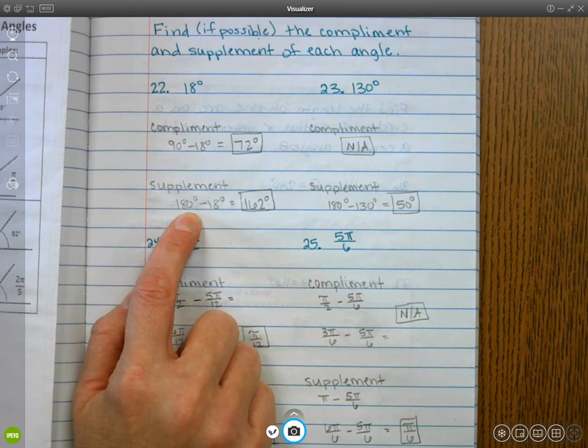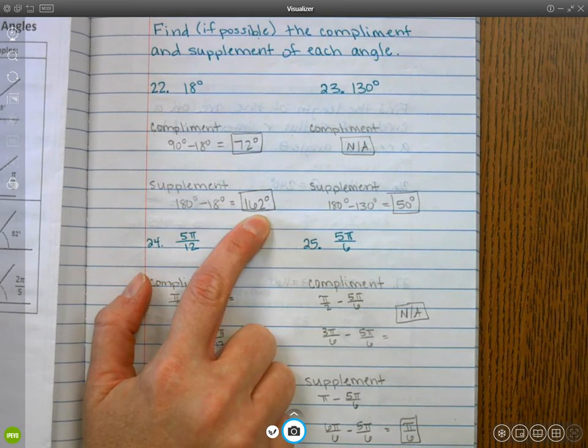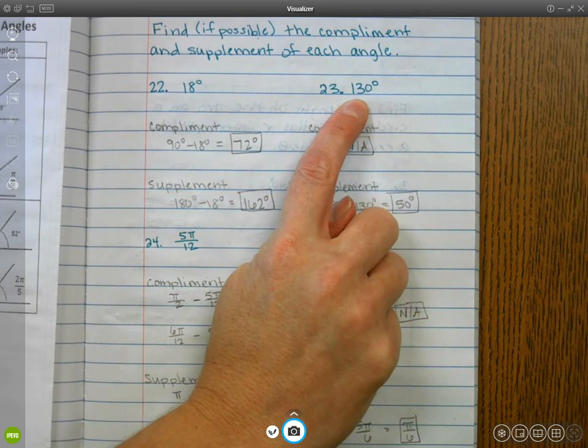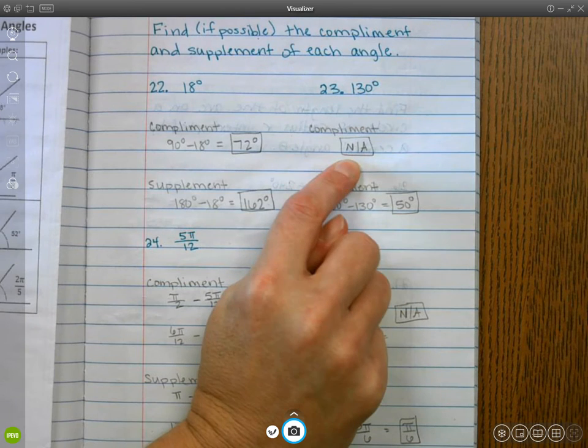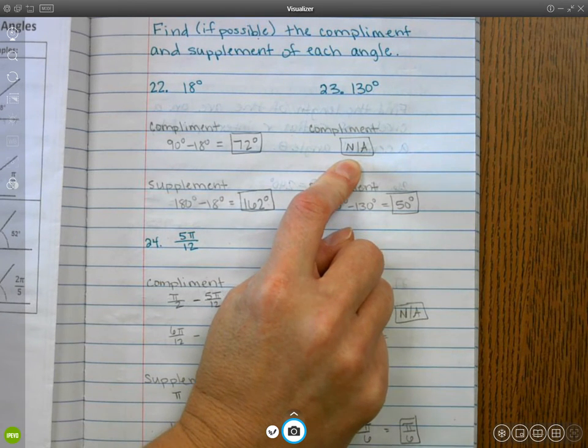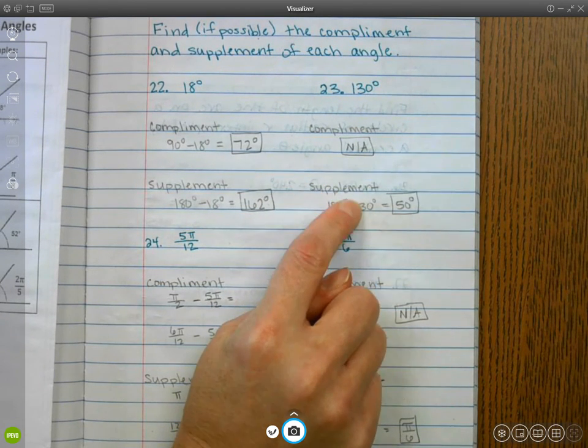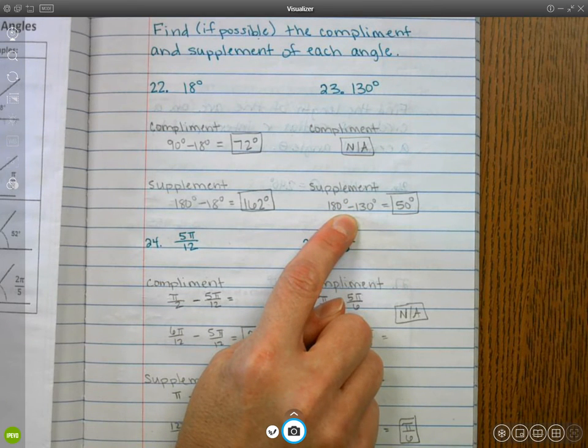To get the supplement, you subtract it from 180 to figure out what you would need to add to it to get to 180. For 130 degrees, that's more than 90, which means you can't find its complement. And then supplement, you're going to subtract from 180, and you get its supplement as 50.